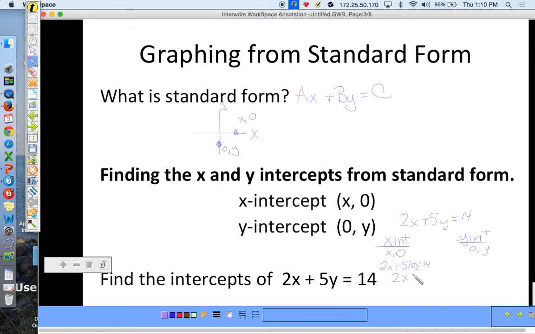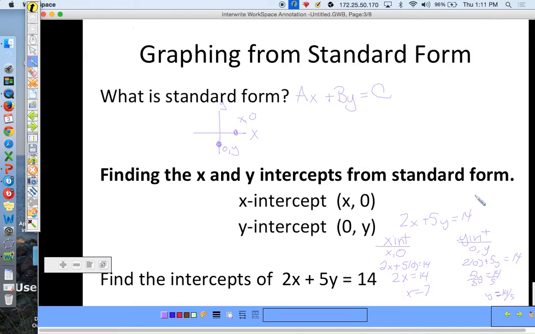Well, we have 2x equals 14, so our x-intercept is 7. And our y-intercept, we would have 2 times 0 plus 5y equals 14. So 5y equals 14, divide by 5, so we have 14/5. Oh, well, that's pretty close to 3, so a little less than 3 there.